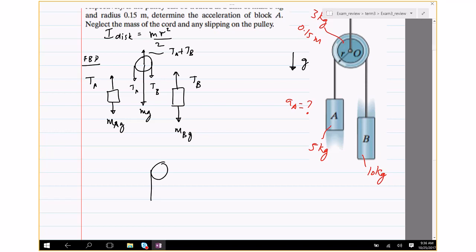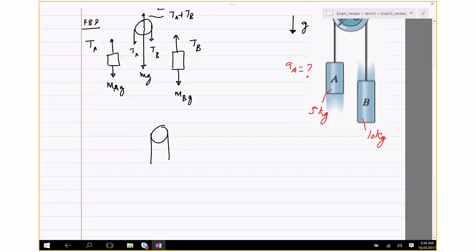So if you draw this free body diagram, which is the combined system, you can eliminate the tensions coming up here because now I've not cut the string here.